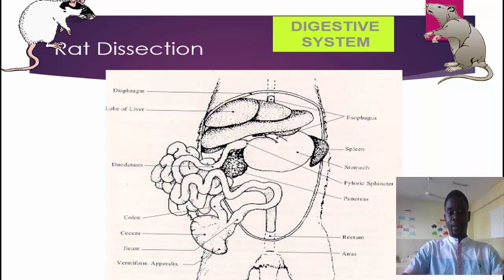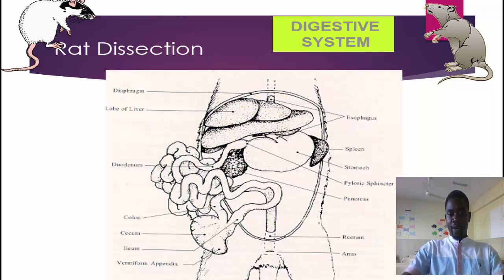In a future lesson, I will show you how to draw and label biological diagrams. But for now, this is a general diagram of a rat showing the digestive system, where we have the diaphragm, which separates the thoracic cavity and the abdominal cavity.